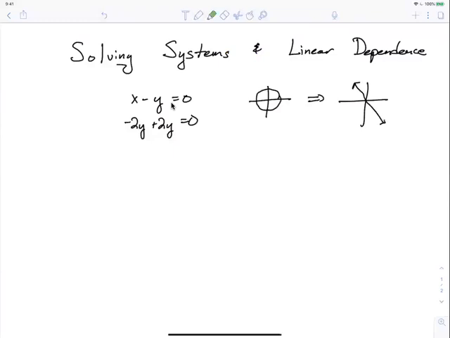And we kind of just discovered that it's anything on the line y equals x that gets pushed down to this point. So the solution, this transformation, is given by the matrix 1, -1, -2, 2. And this kind of squashes everything onto this line.